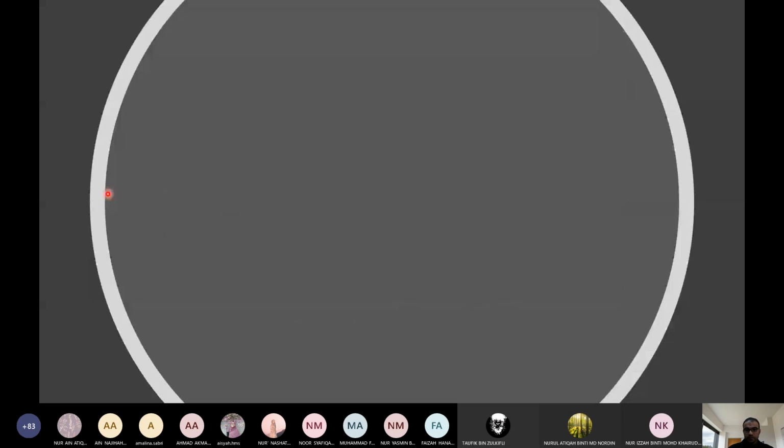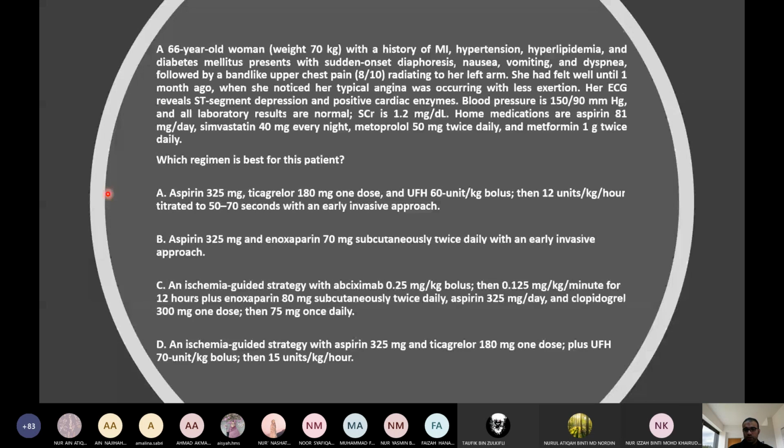We have 4 questions here. The first one is related to a scenario: in this patient with non-STEMI, which one of the treatment options should be the most appropriate?